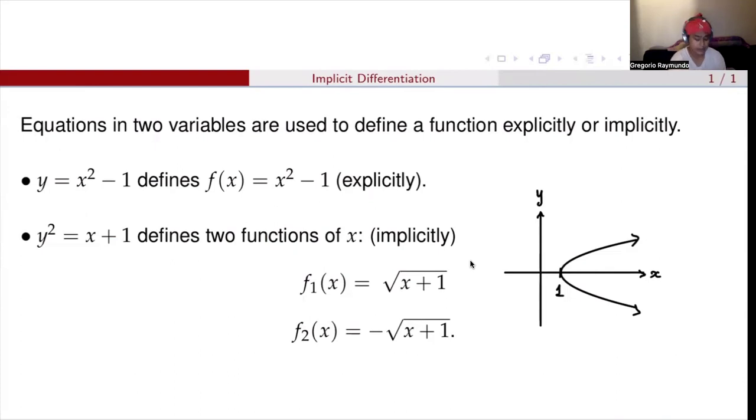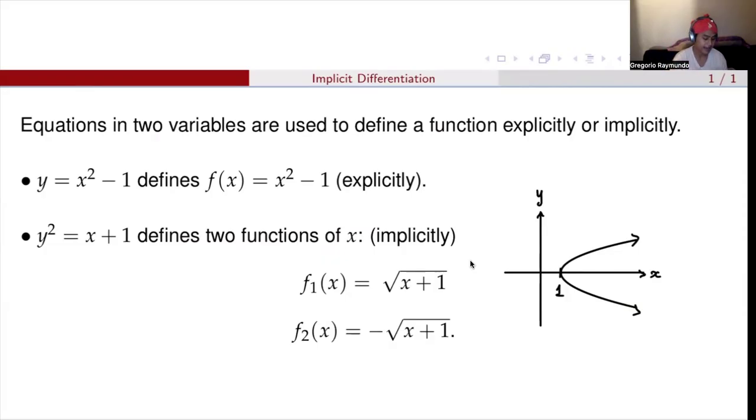So what can we do here? So this part here says y squared is equal to x plus 1, although it's not a function per se on its own, it can define two functions of x. Okay, so it implies that it can give you two functions.